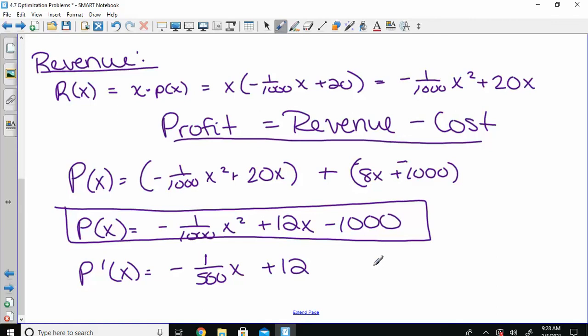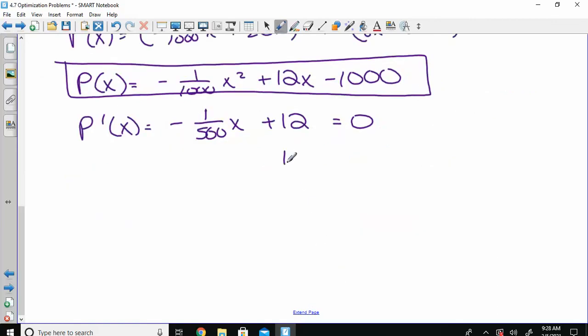And we need to set our derivative equal to 0. So multiply over your 500, and x is 6,000.